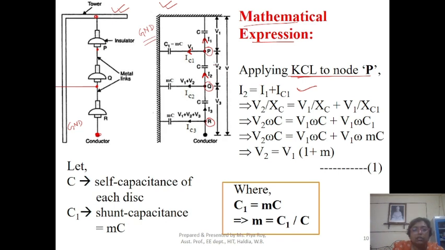The voltage across the capacitor carrying I2 is V2, so I2 is V2 divided by XC, where XC is the reactance of this capacitor.